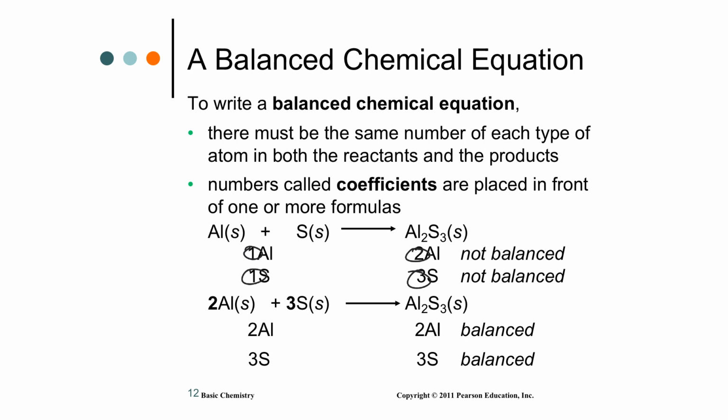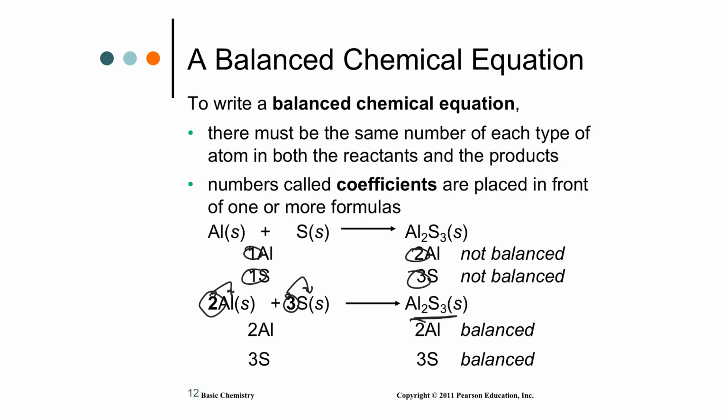So the number of atoms in each molecule would multiply by the coefficient. The coefficient sits in front. So here, this is the coefficient of 2. It's showing you that you have 2 aluminums. This is 3, it's showing you have 3 sulfurs. In this case, that is how you do aluminum sulfide.